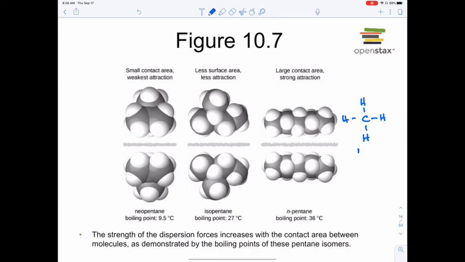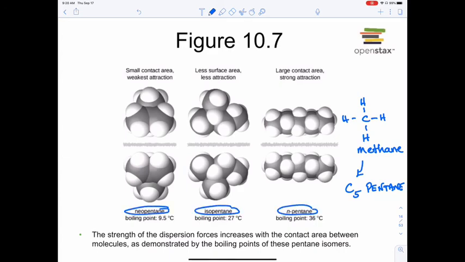So this is methane, and if you go to 5 carbons, C5, this would be called pentane. These are examples of isomers of pentane, which we will talk about a little more later.